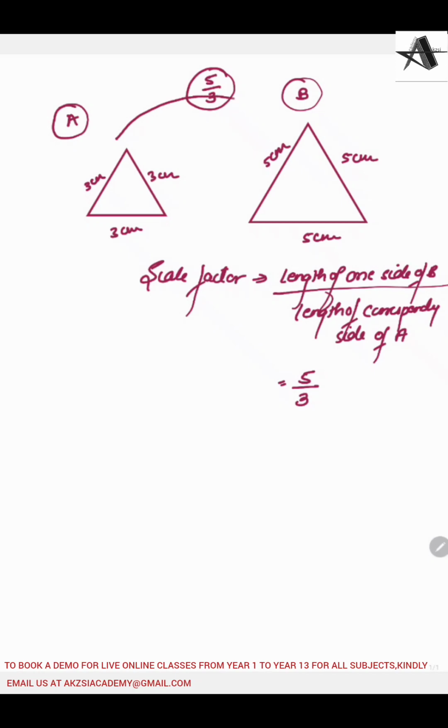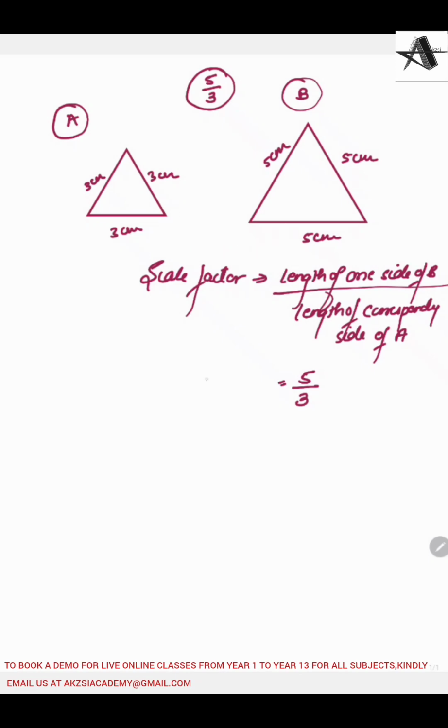If you are transforming A to B, that means if I multiply 3 with 5 over 3, I will get my new dimension, which is 5 centimeters. If you are saying that B is your original figure and you want to transform it to A, what will be the scale factor from B to A?